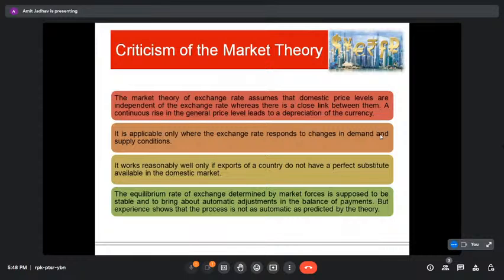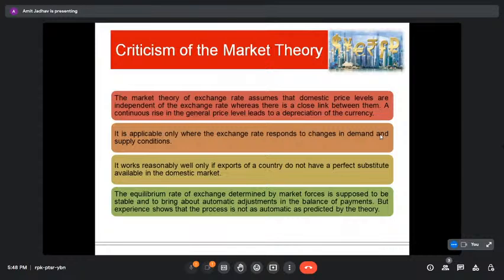So basically, in such a determination of the exchange rate through this theory, it is assumed that domestic price levels are independent, so it will not have any impact on the domestic price level, or maybe we can say the domestic price level is constant.